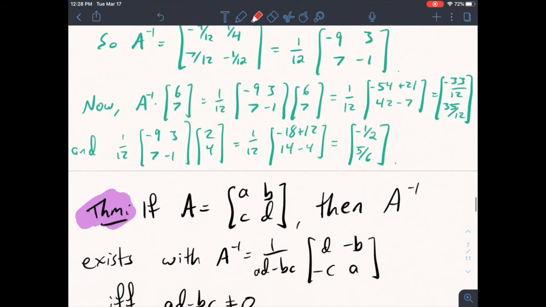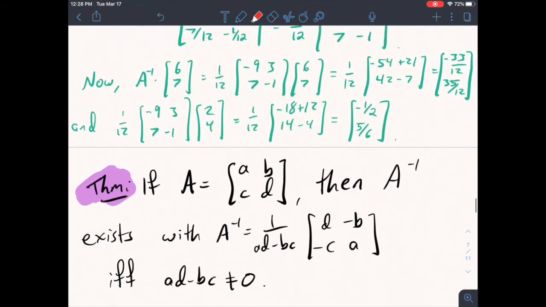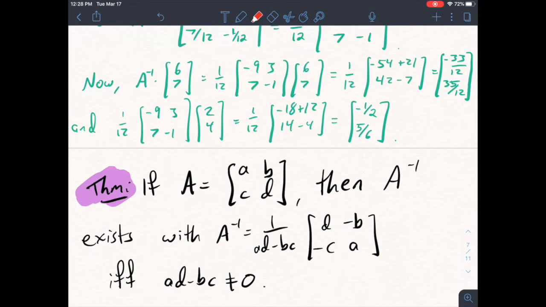So here's a theorem that'll just give you the formula for the inverse of a 2 by 2 matrix. 2 by 2 matrices are almost always invertible. If I have my matrix given by A, B, C, D, then as long as AD minus BC is not equal to 0, then A inverse is going to exist, and this is going to be our formula for it.